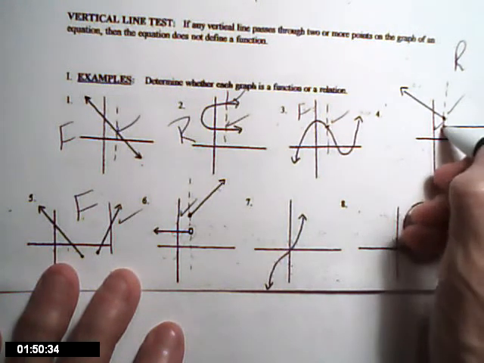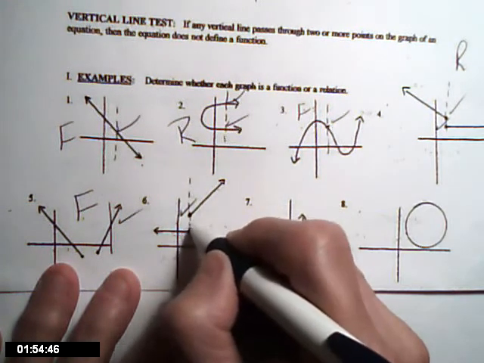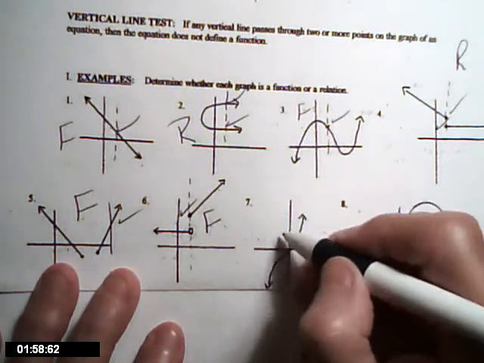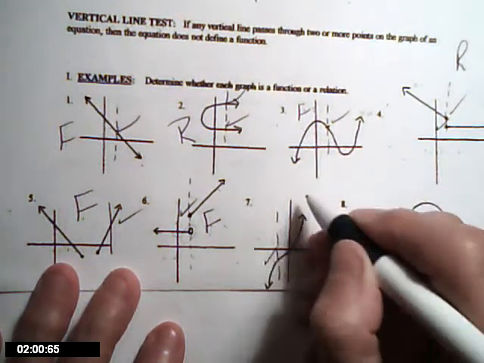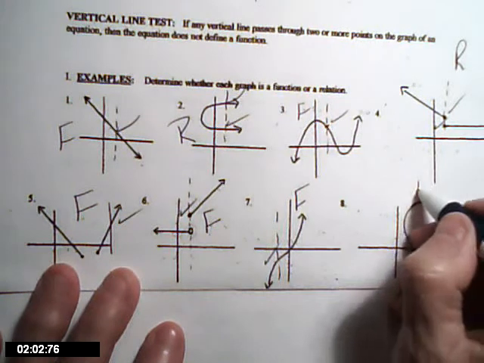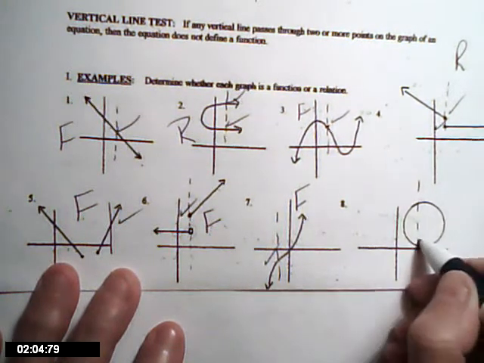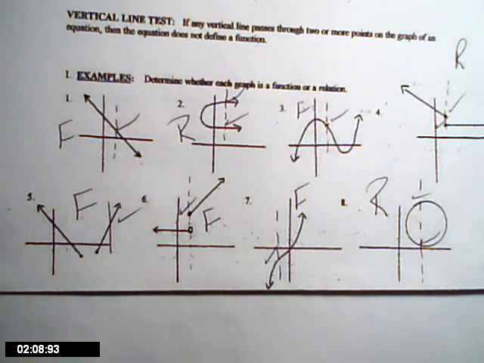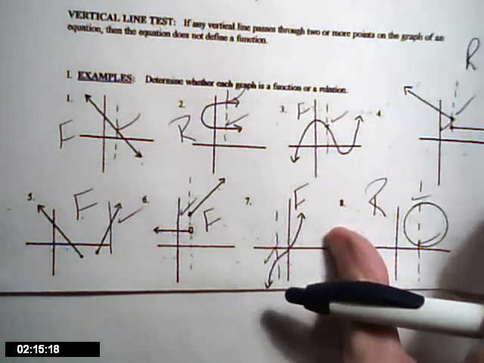Now these were 2 closed circles, so I touched here and here. One place here, I did not touch the open circle, that would be a function. Number 7, I touch one place, that is a function. And number 8, a circle, that's 2 places, that would be a relation.